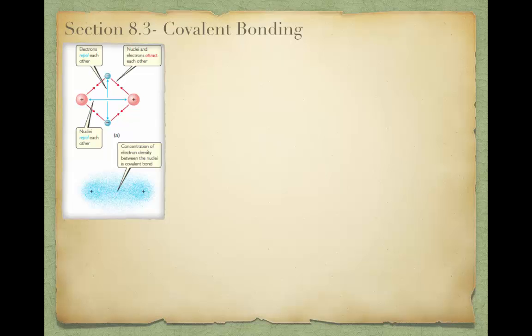So there's a high concentration of electron density between these two nuclei, and that is actually a covalent bond. So it's not the colloquial "we are sharing them," but instead this glue, this covalent bond, results from electrons being attracted to the opposite atom's nucleus.